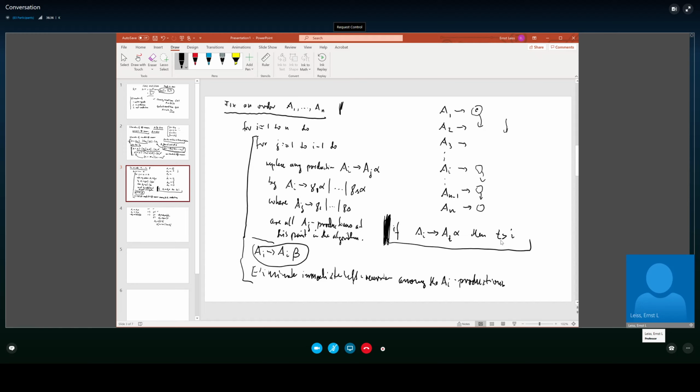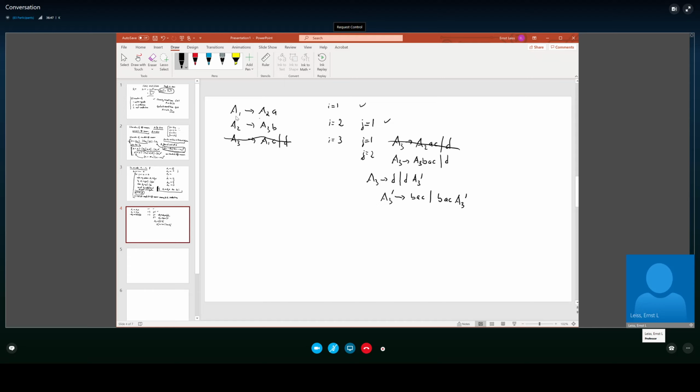The index T has to be strictly greater than the I we have here. And that, of course, is true because we have A1 goes to A2, A2 goes to A3, and the A3 doesn't go to any variable at the beginning, only terminal.